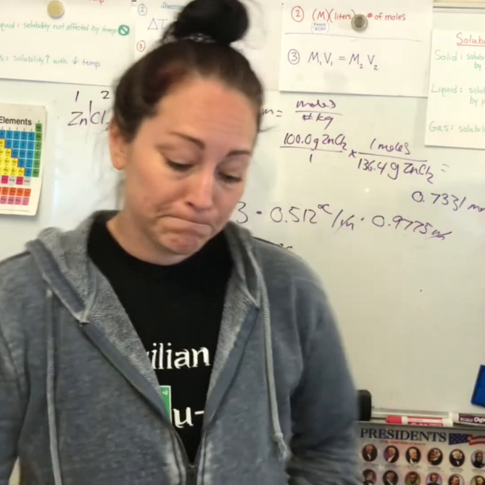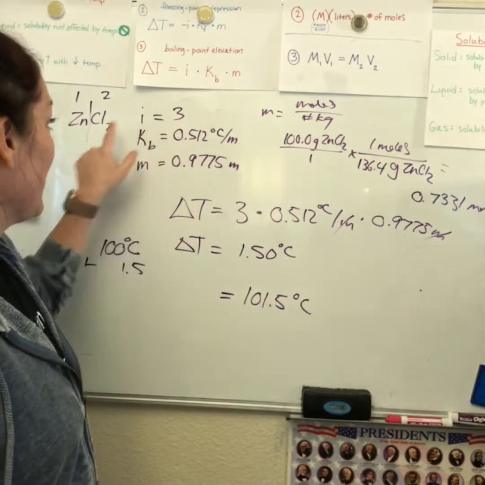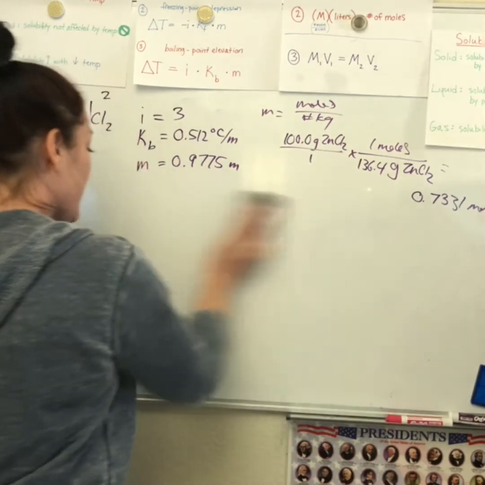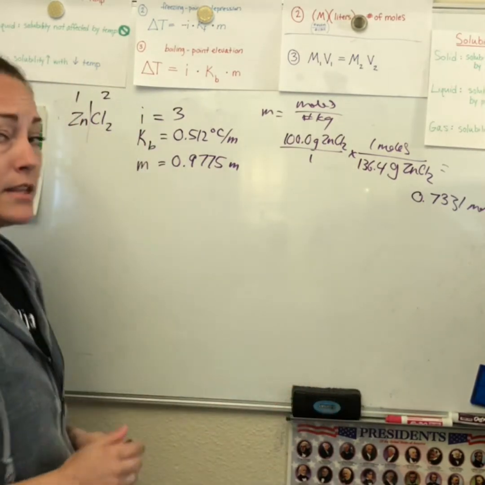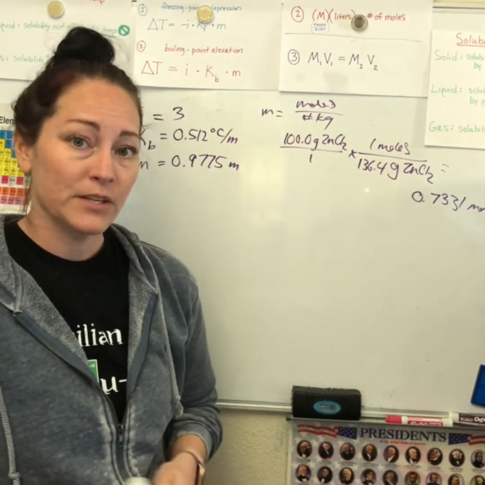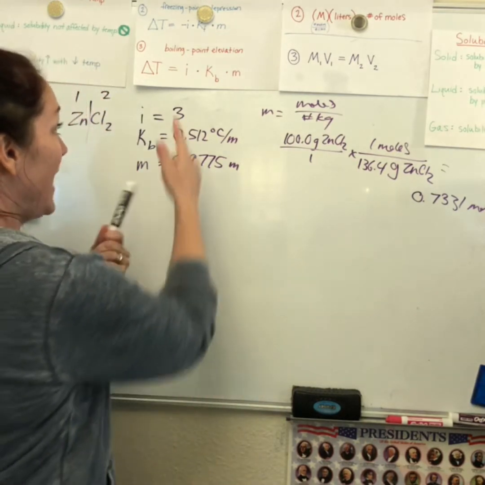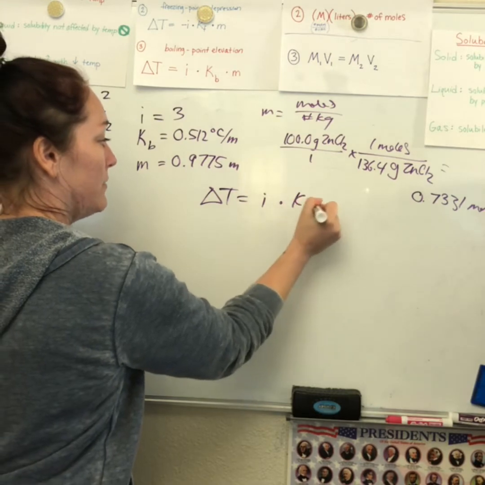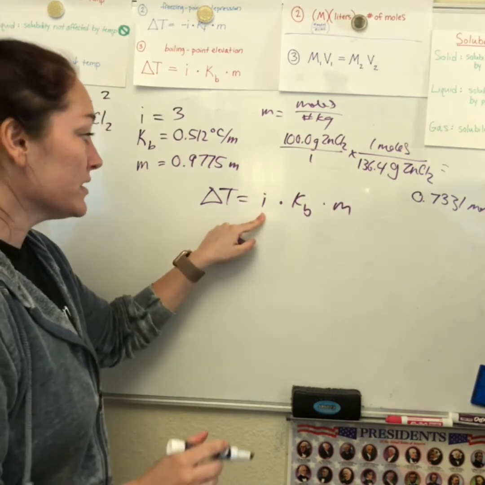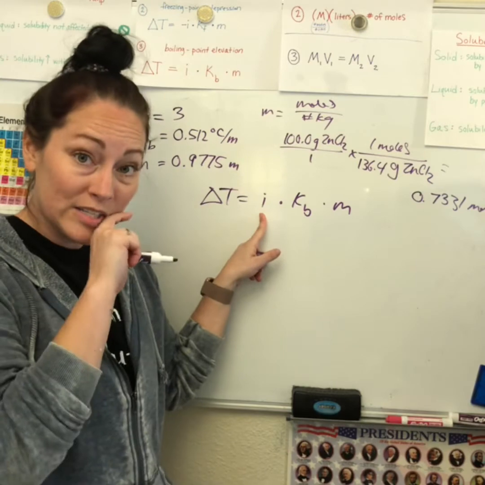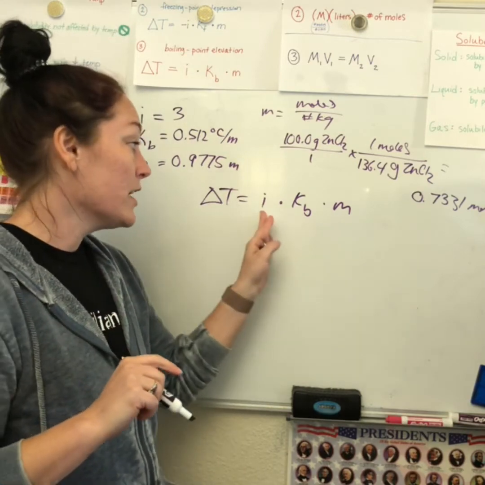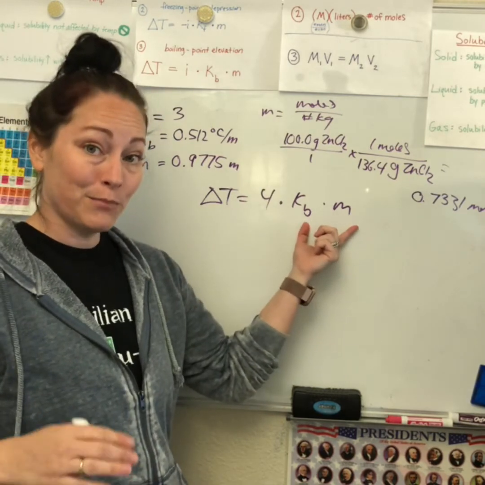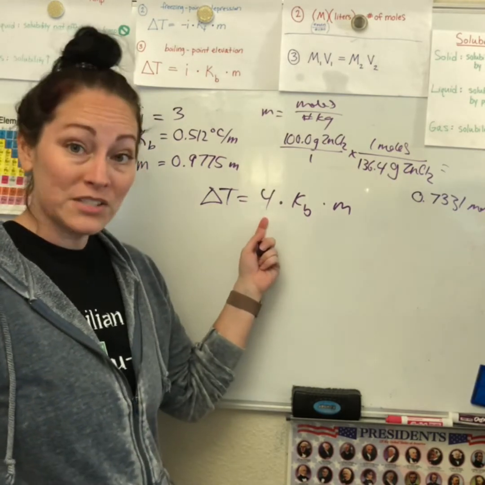And remember, the same way I was finding i right here, let me erase this really quick. The same way I was finding i, that's how many ions something splits into. And remember, when I've got that in my equation right here, i, Kb, m, remember this number, whatever this number is, if it's 1, it's not going to change the rest of it. If this is a 4, that's going to increase the boiling temperature by 4 times, okay?